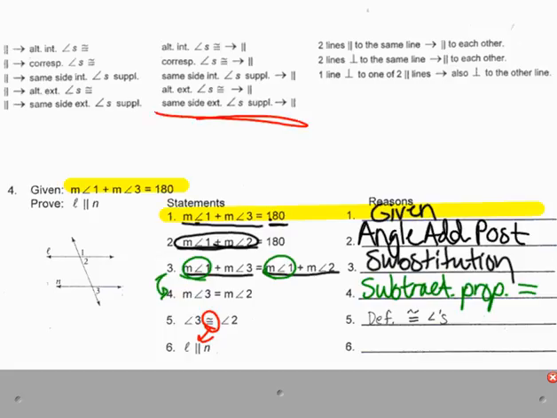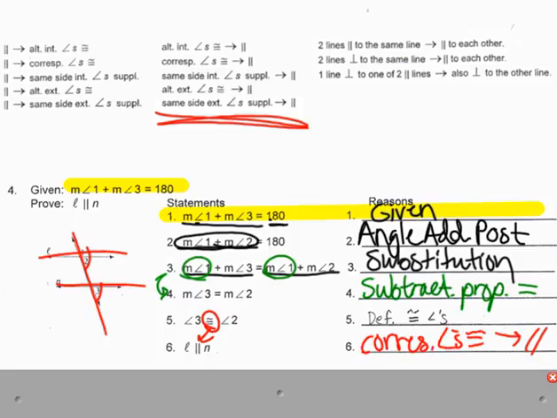So I'm going to be looking at these reasons. If I see parallel last, parallel is going to go last. So when I look at my picture, if I see on N, and then 3 and 2, I have to decide what kind of angles those are. Those are corresponding. So corresponding angles.